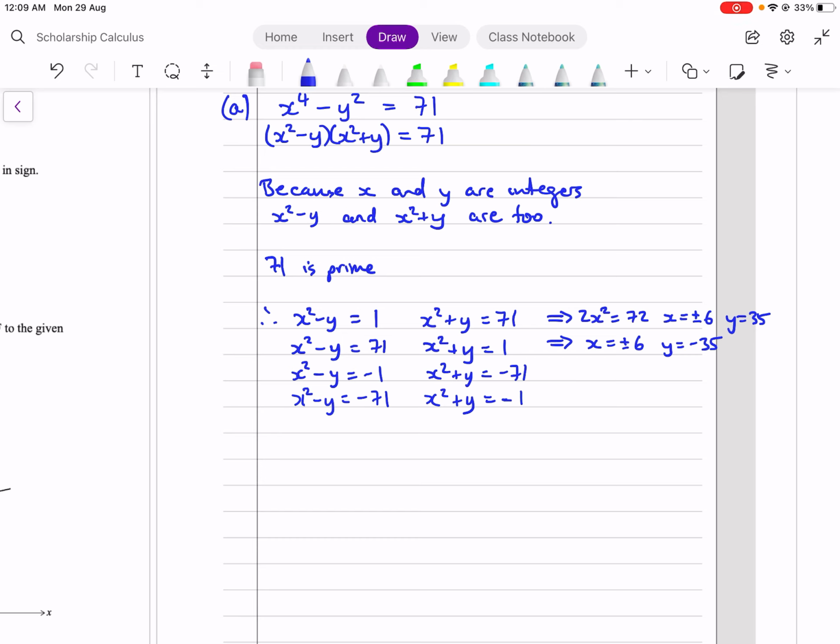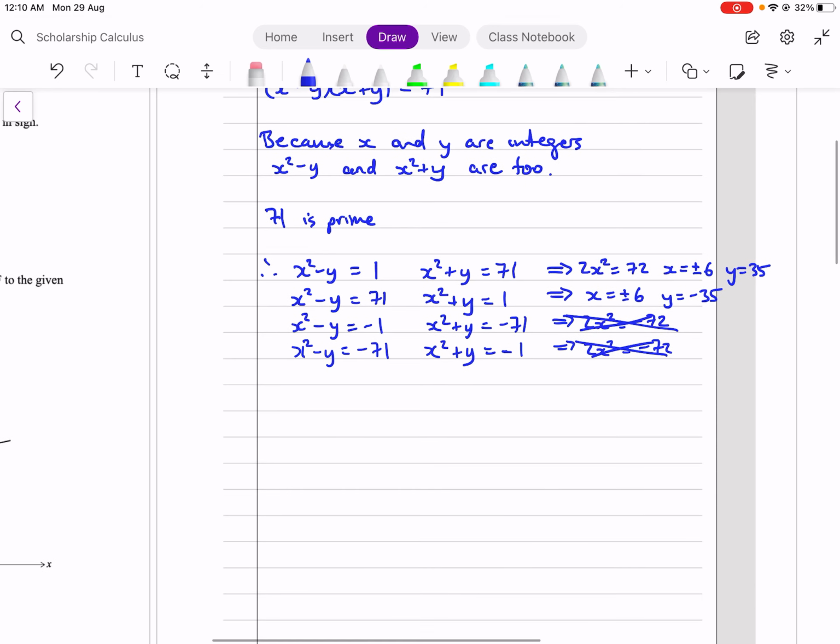Third row, if we add those two equations, we get 2x squared equals negative 72, which doesn't have real solutions. And likewise if we add the last row, 2x squared equals negative 72, no real solutions. Okay, so there's 4 possible answers based on the symmetry of the graph I showed you.